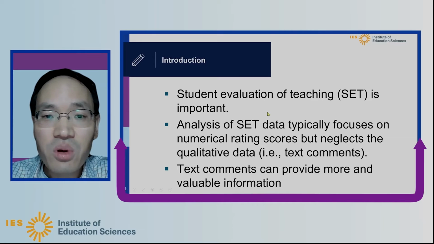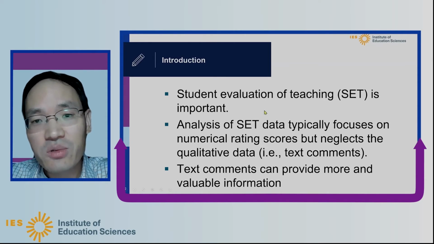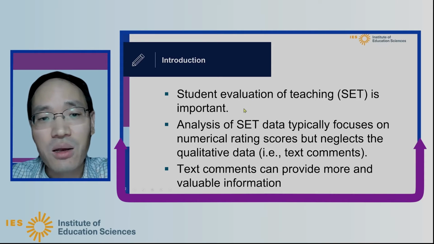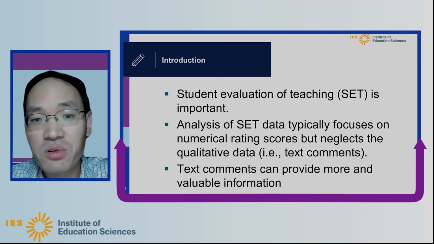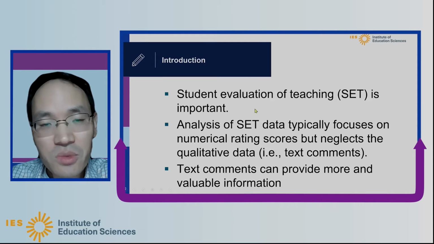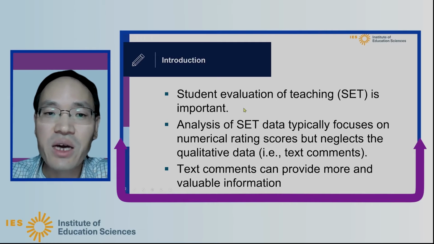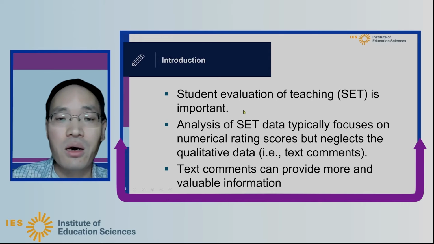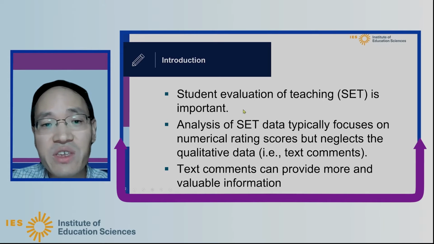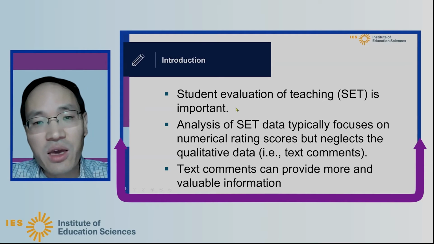At the same time, we also ask the student to provide written feedback on which aspects of the teaching can be improved for a particular instructor and which aspects should be kept in the future. So this kind of information is qualitative information, and usually it is in the format of text comments.